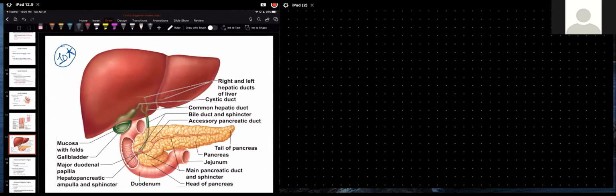If I would be picking a single diagram to be testing you on in the digestive system, it's going to be this diagram showing the different parts of the bile ducts, as well as the relation between the liver, pancreas, and the duodenum. All right, so let's do this as another in-class activity.